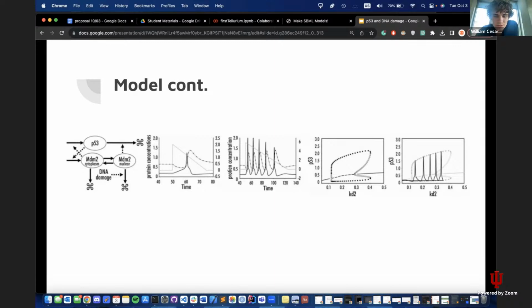P53 is going from a low value to a high value and then back to a low value again. That's exactly what those high and low values are. The bottom line is the low value of P53 during oscillation, and the top value is the high value of P53.